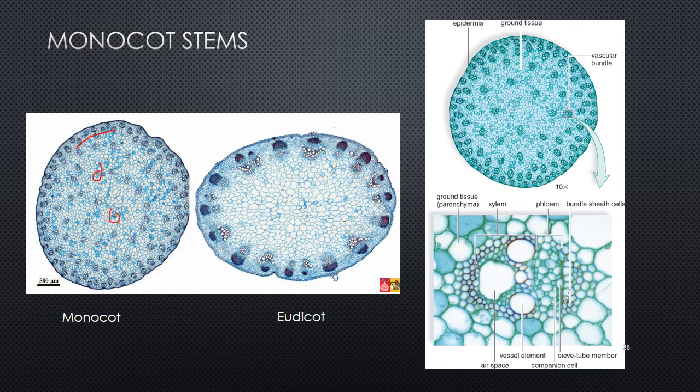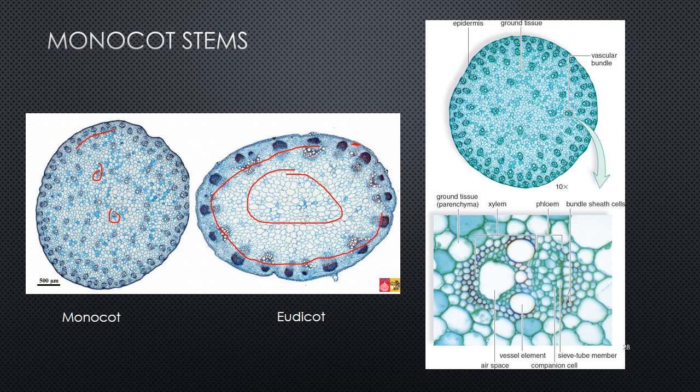So there's no distinction between the cortex and the pith in the monocot. If you look at the dicot stem cross-section, we have this large pith in the middle, and note that there's no vascular bundles in it. And then the cortex would be out here. And there's this lovely ring of vascular bundles.